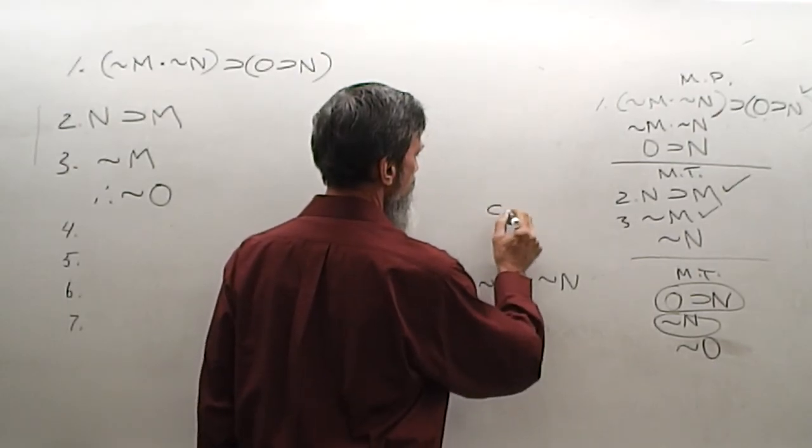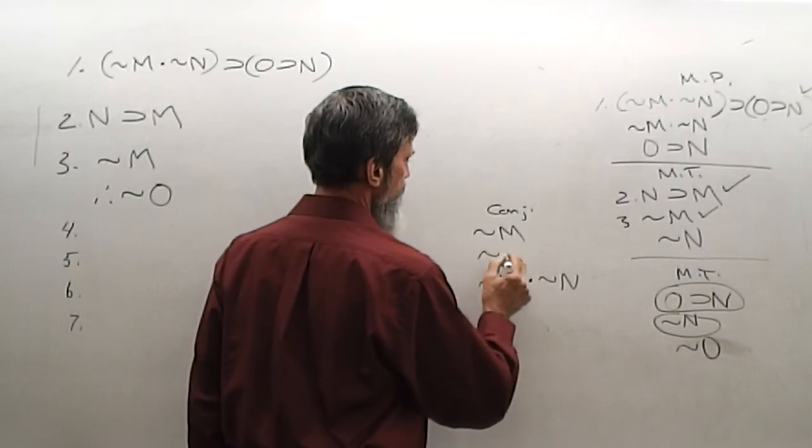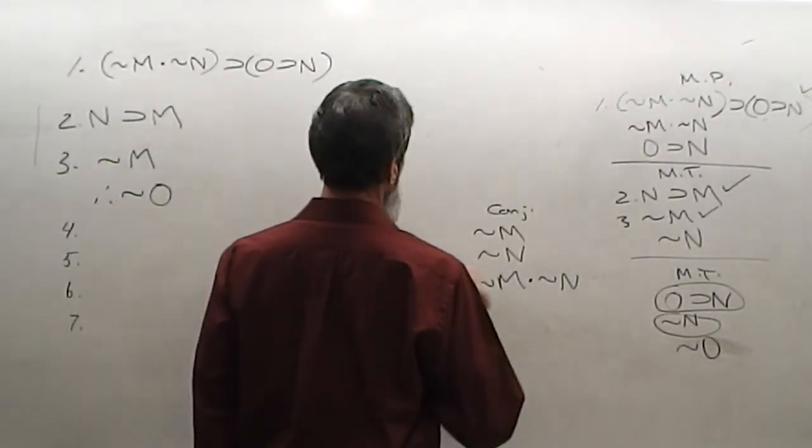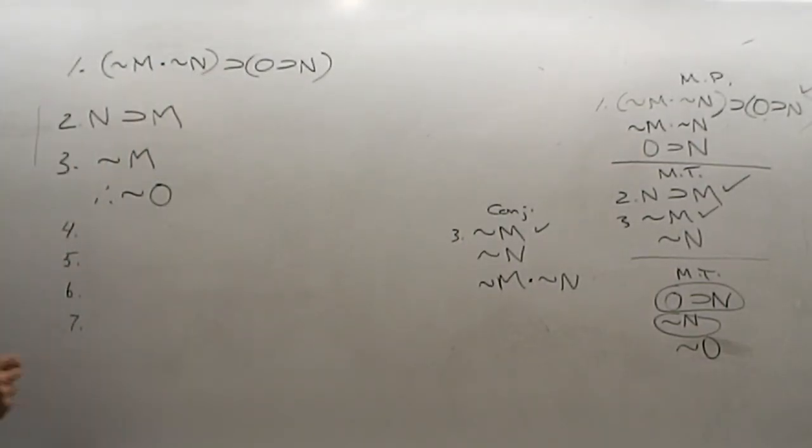So, how do you make a dot? There we go. And you know what the premises have to be. Curl M exists in line 3. Curl N, well, we're going to use that for something else, aren't we?